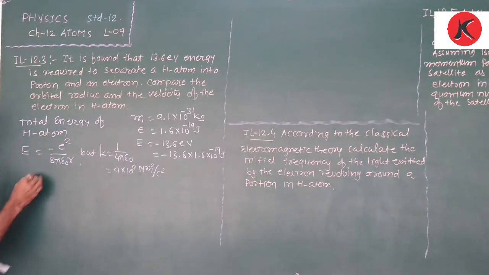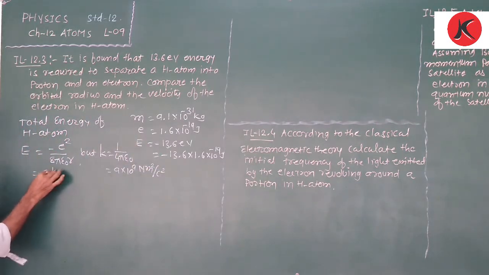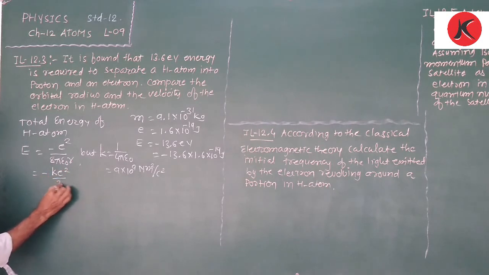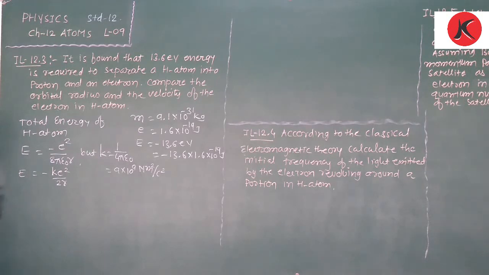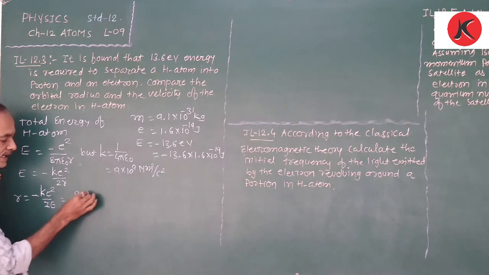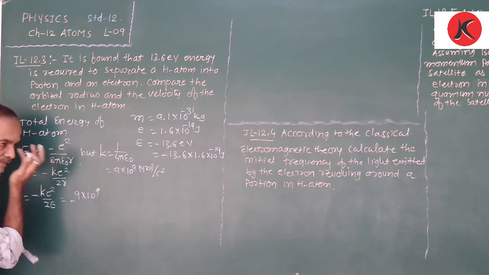Substitute here. Therefore, E is equal to minus K e square upon 2r. Now we require the radius. Therefore, r is equal to minus K e square upon 2E.